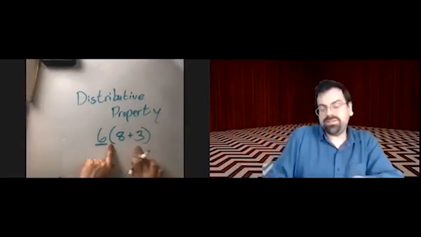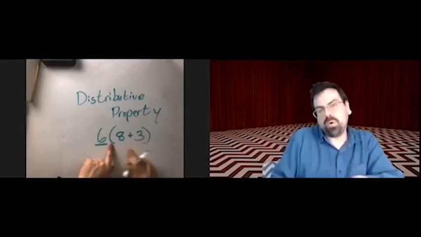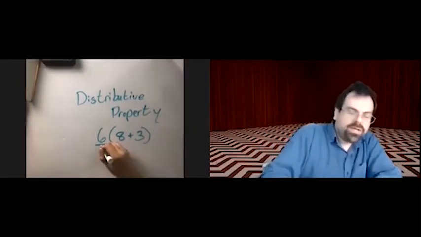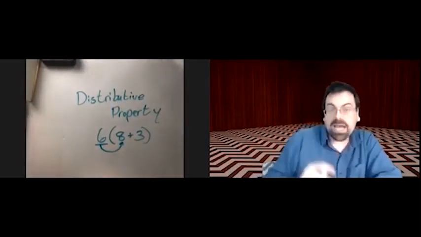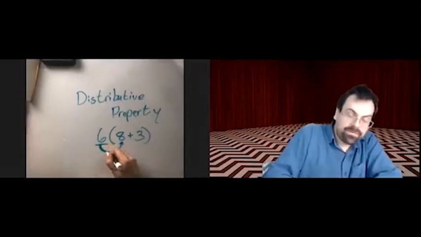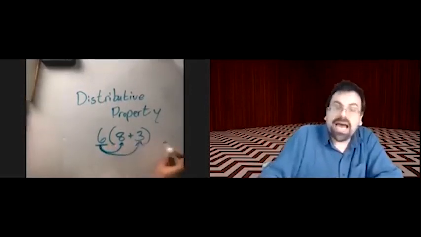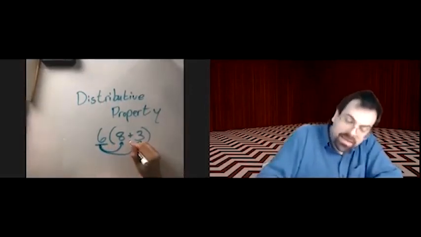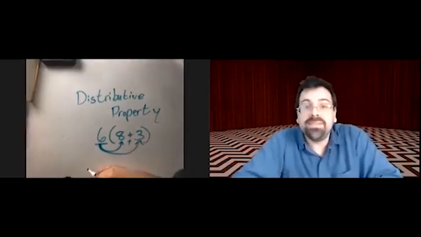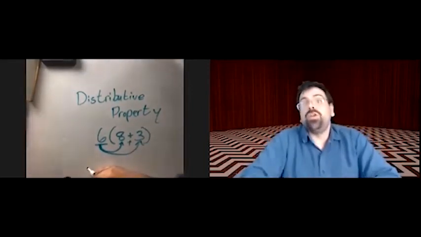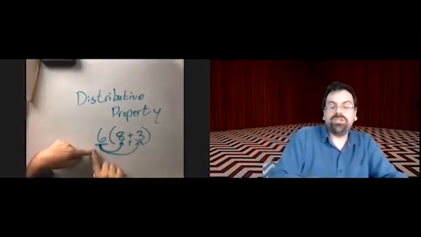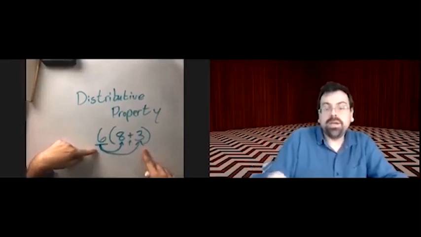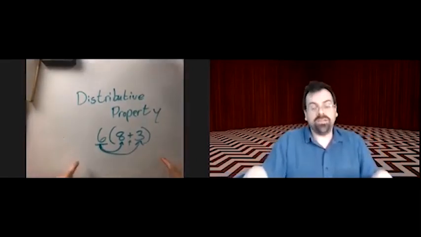But since there's a sum inside, since there's more than one thing being added or subtracted, what we do is we multiply this number on the outside times the first, times the second, and then keep whatever sign that is in between. So using the distributive property, here distributing the 6, we can rewrite this in another form.